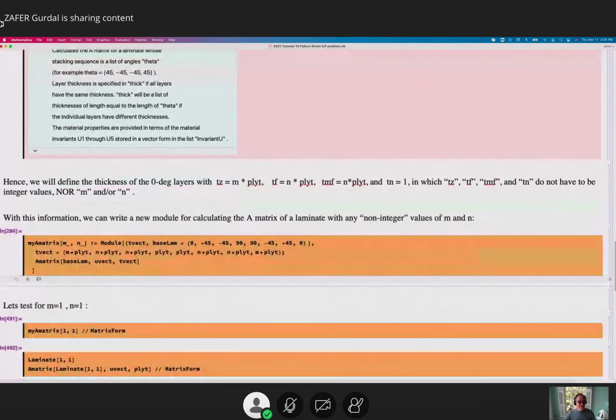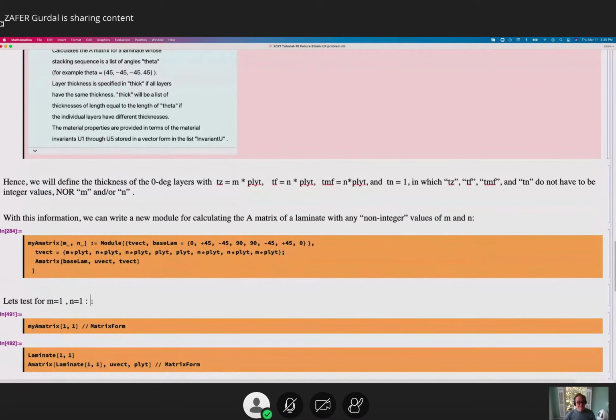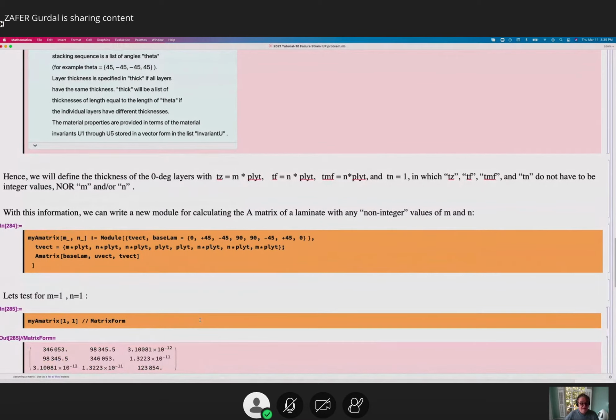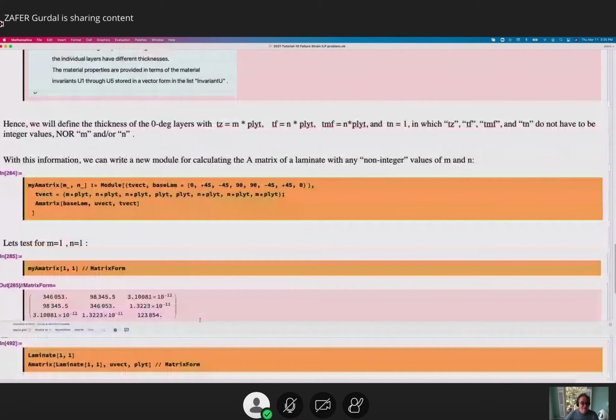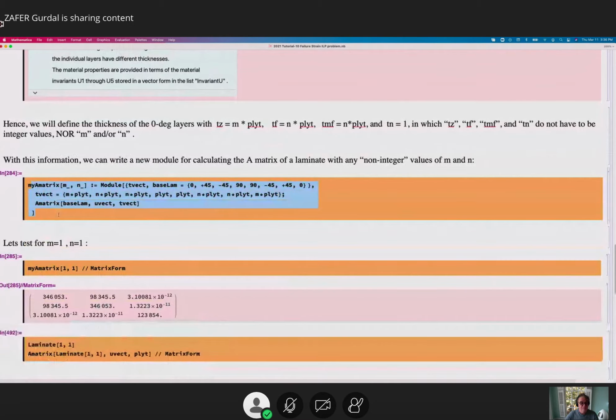So let's check if my A matrix is working or not. If M and N equal 1, then my new A matrix 1, 1 will give me in matrix form this value. So this is working and it's giving a valid matrix.